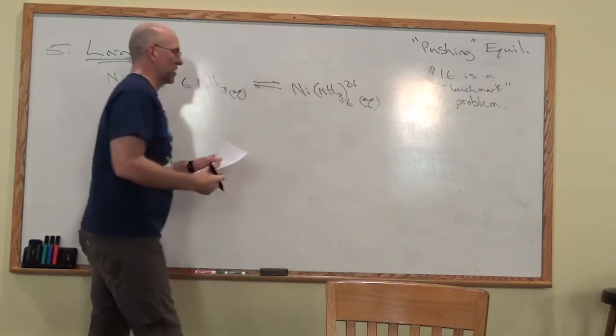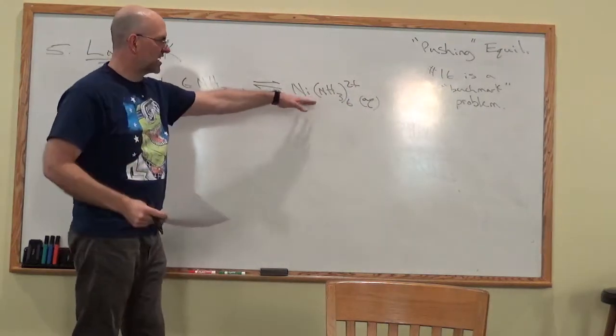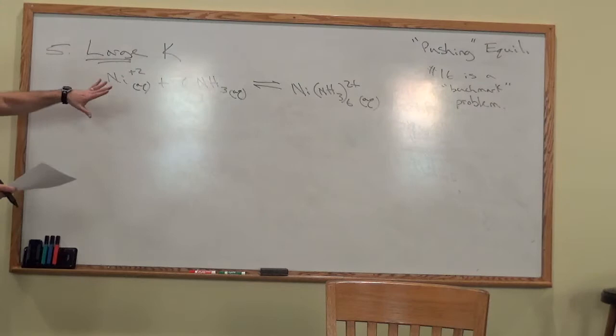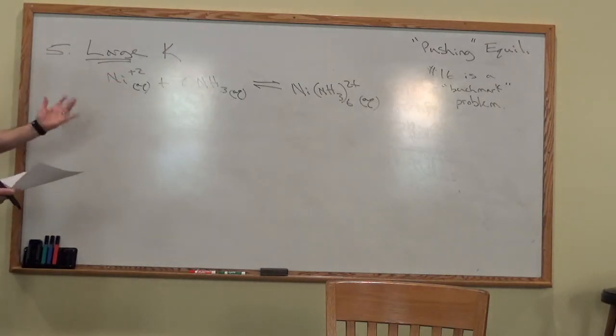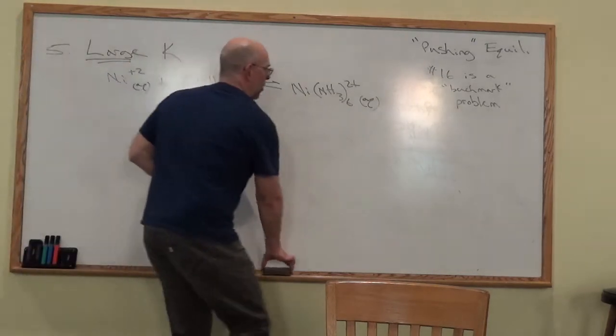And we did all this early in the semester. So this would be an octahedral structure, but for this problem, it really doesn't matter. So this is an equilibrium of a complex ion. My notes seem a little confusing here.